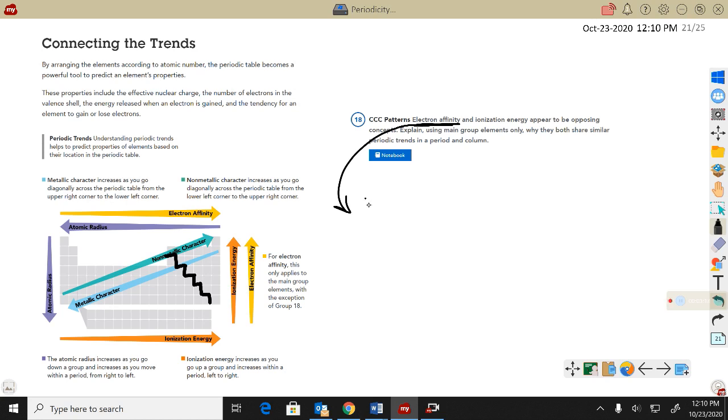So I could have element X, and I add an electron. I form the X minus 1 ion because I gained an extra negative. But in doing so, I also release energy. Releasing energy means this change is exothermic. Energy is produced. Energy is a product.